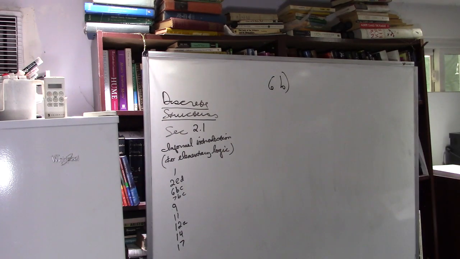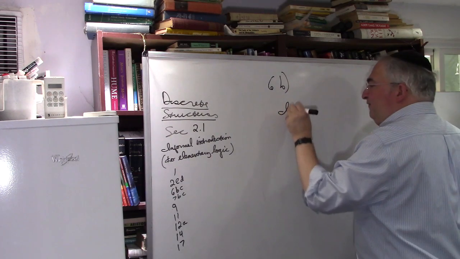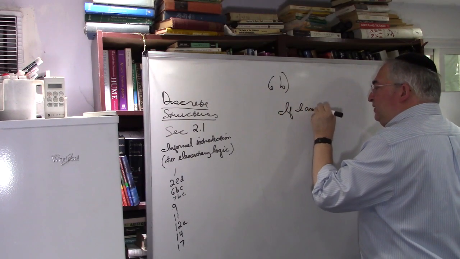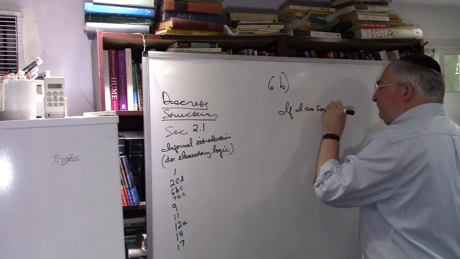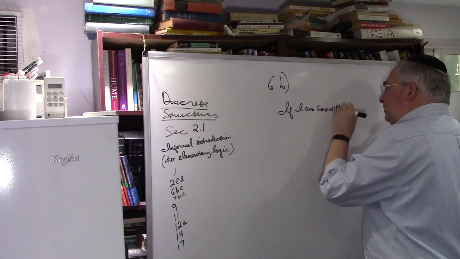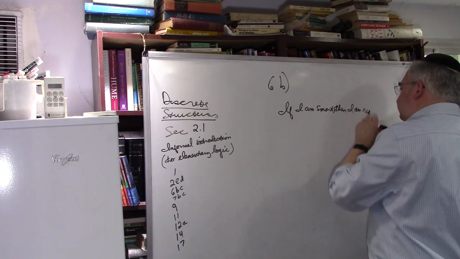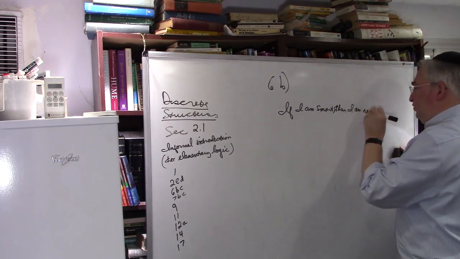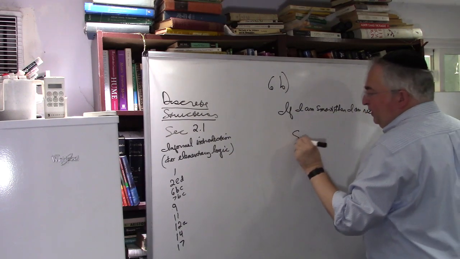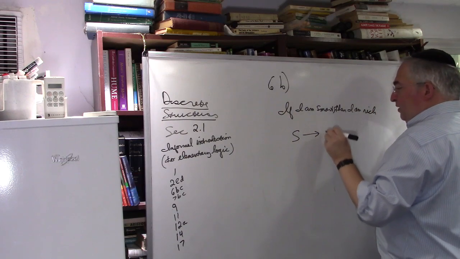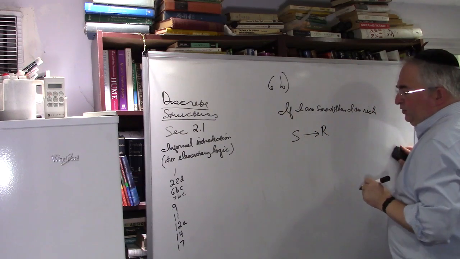If I am smart, then I am rich. So we'll write that as S arrow R, smart then rich.